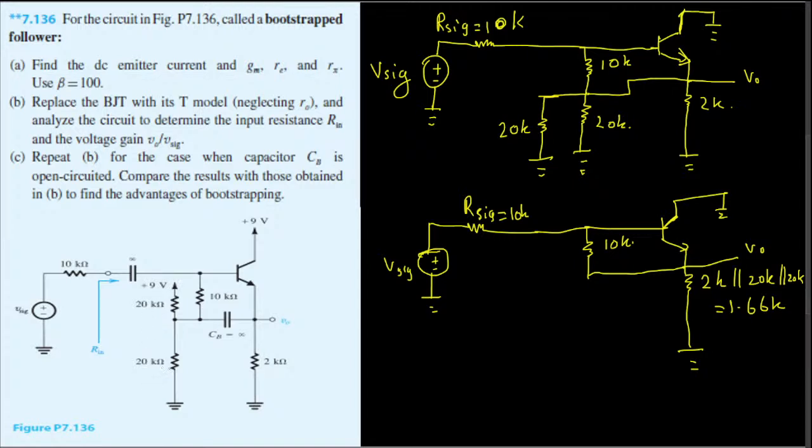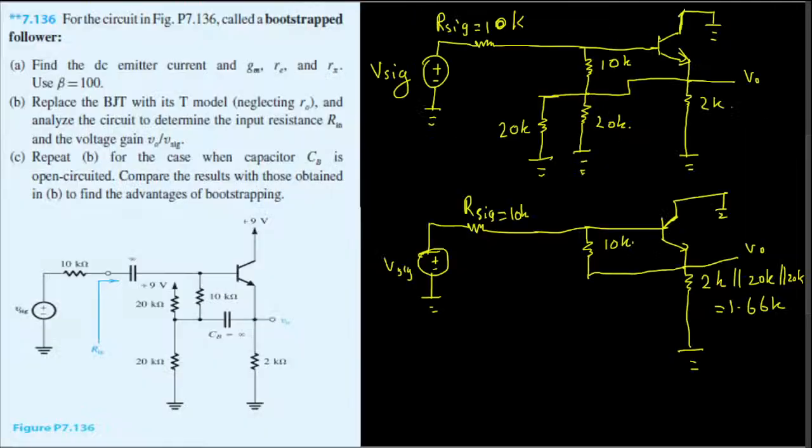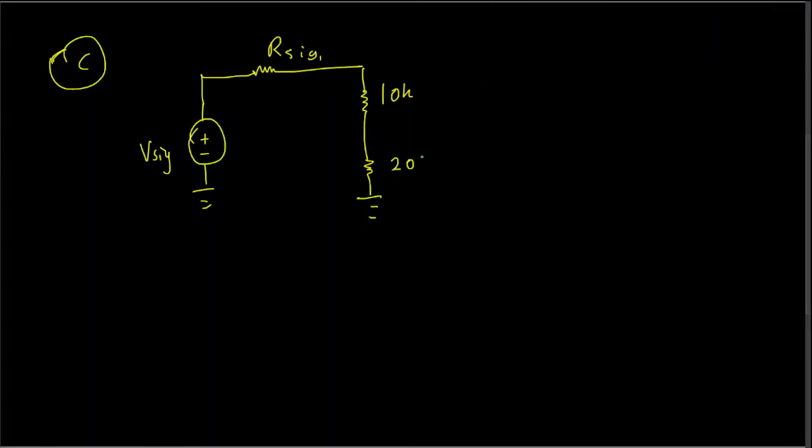So these two form a parallel resistance, 20k parallel 20k, connected in series with the 10k, and this is open circuited. If you calculate the equivalent, it is product over sum, 20 times 20 over 20 plus 20, that is 10k ohm resistance.